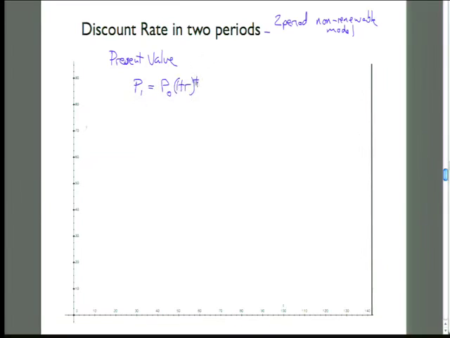So if t is 1, this will be 1. So let me do it in the general case first. The price at time t is the price in period 0 times 1 plus r to the t. So we could say that if we just had one time period and r was 5%, p0 times 1.05.